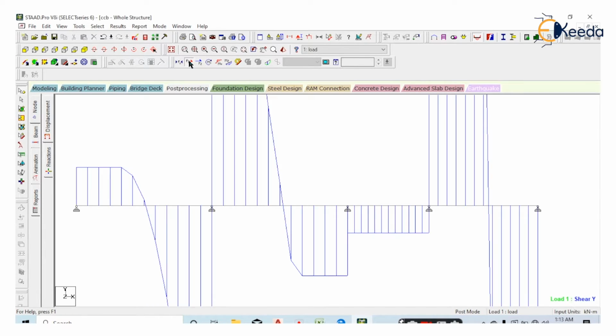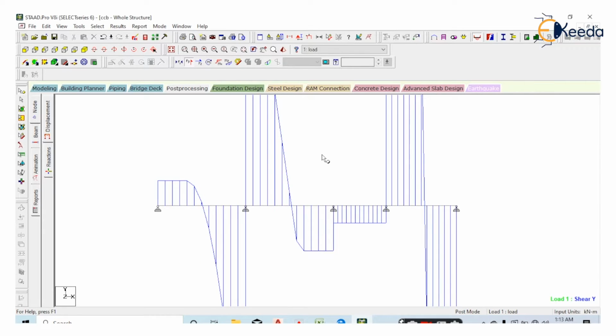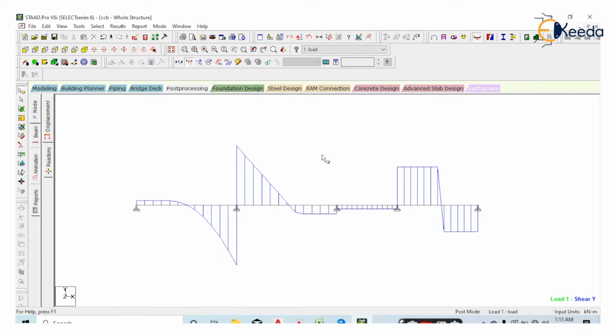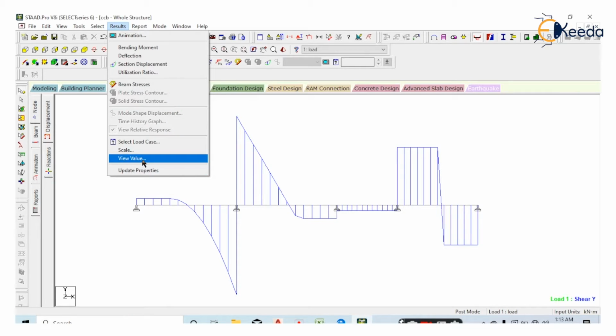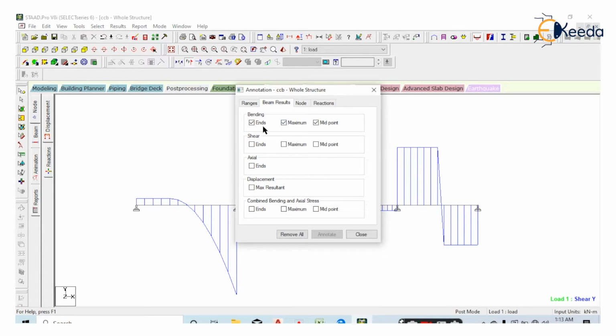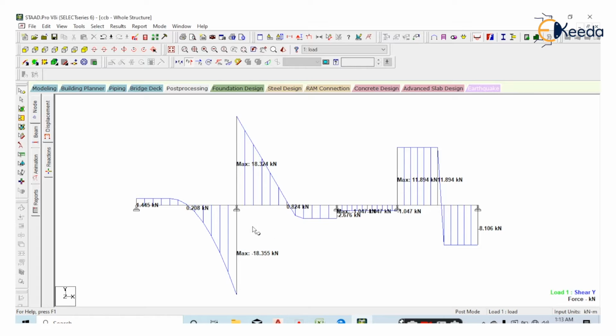Just click on FY, control and scroll down, go to results, view value, beam results and check the shear values and maximum and mid. Click on annotate and close. You will find all the maximum values, mid values and end values of shear force for all the beams.